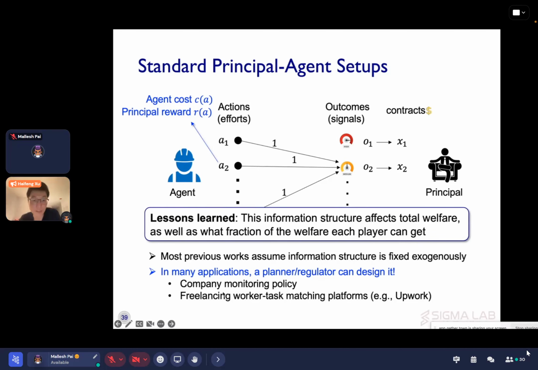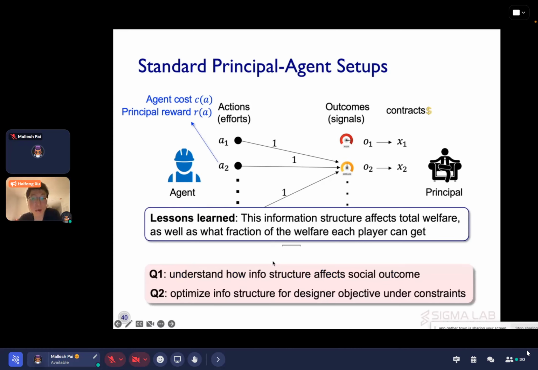And moving this to the digital world, freelancing platforms for matching work and tasks, like Upwork, are going to face this problem. They actually have to do this in an algorithmic way because it's an online platform. And those are the motivations that drive us to understand how information structure can affect the social outcome of this interaction, and moreover, how we can optimize the information structure if the designer has some objective and also maybe some constraint on the information structure it is allowed to use.